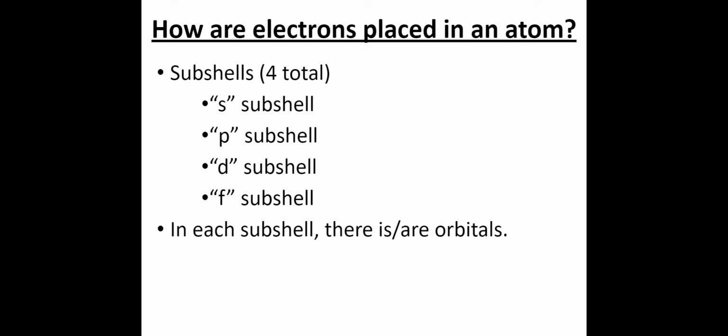The S subshell has one orbital. P has three. D has five. F has seven. Okay, so it's odd numbers, 1, 3, 5, 7, in that order, S, P, D, F.